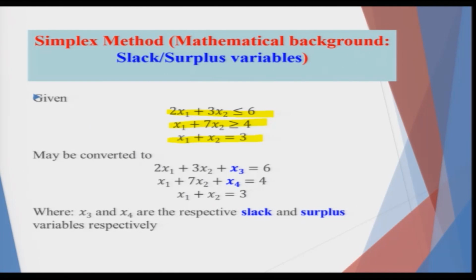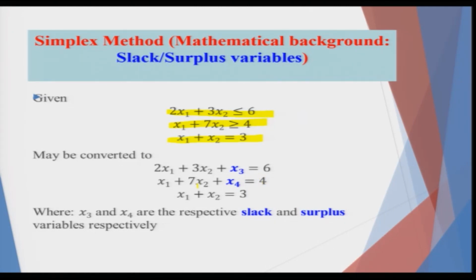Now, let us add the slack and the surplus. If I consider the slack and the surplus for all the 3 equations, the first equation is converted into 2x1 plus 3x2 plus x3 is equal to 6. For the second equation, when you add the surplus to convert the greater than or equal to sign to an equality sign, it will be x1 plus 7x2 plus x4 is equal to 4.